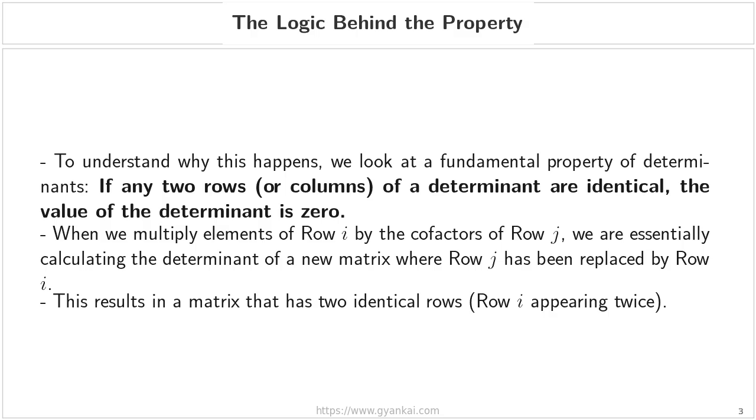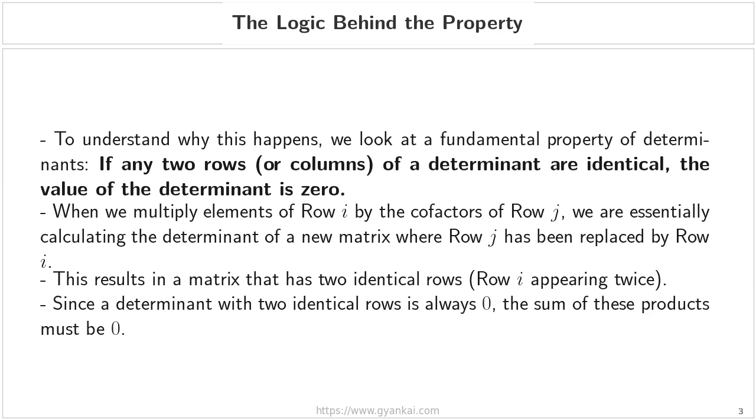Row i is now appearing twice, once in its original position and once where row j used to be. Because this new matrix now contains two identical rows, its determinant must be 0. And since this sum of products is exactly how we calculate that specific determinant, the final sum must also be 0. We will see this logic in action with a concrete numerical example in the next few slides.